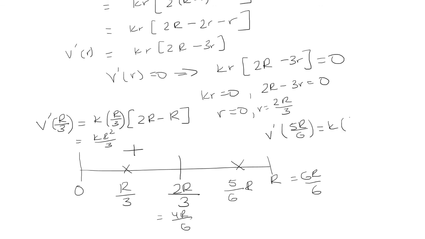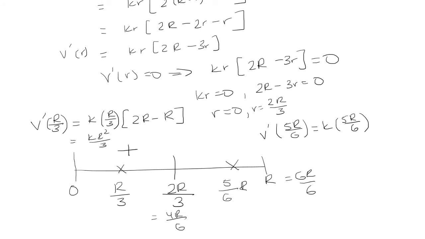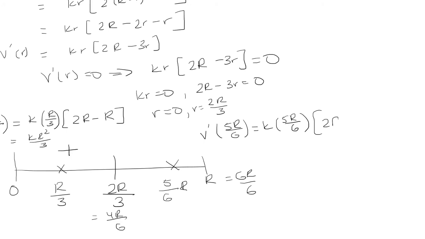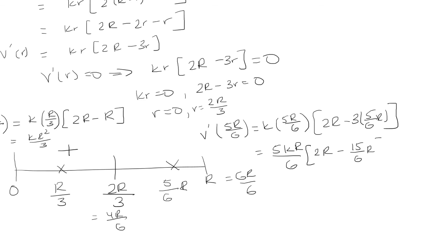So it's k times 5 times big R over 6, and then we multiply that by 2 times big R minus 3 times 5/6 big R. That is 5k big R over 6 times (2R minus 15 over 6 R). 2R minus 15R over 6 is the same thing as 12R over 6 minus 15R over 6, which is negative 3R over 6.